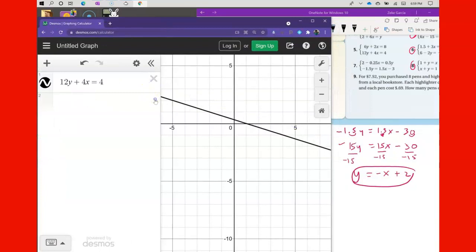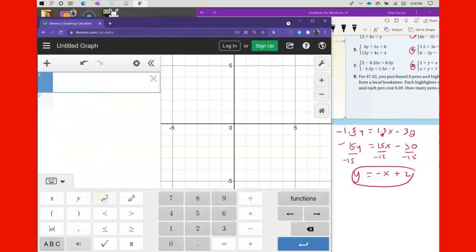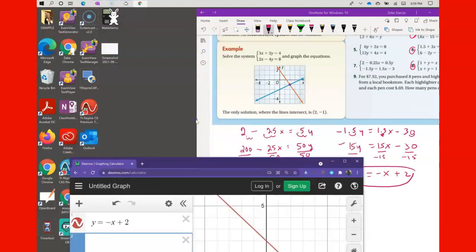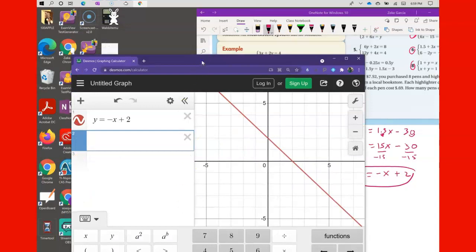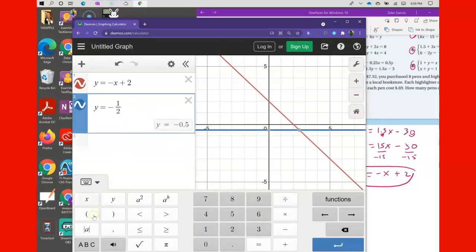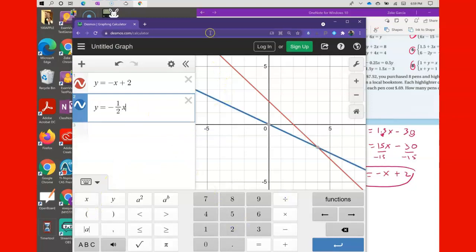So definitely I know that the first equation is y equals negative x plus 2. And my second equation was y equals negative 1/2 x. And then what was the y-intercept?